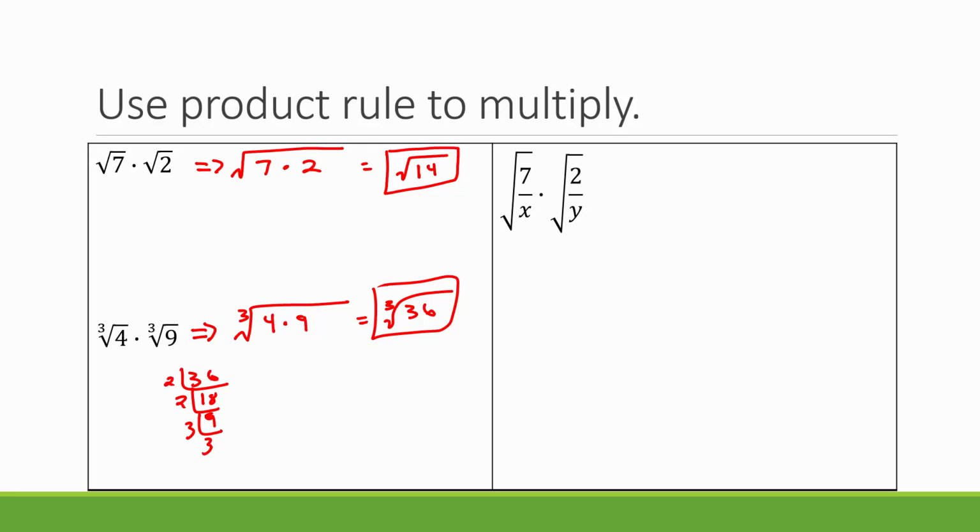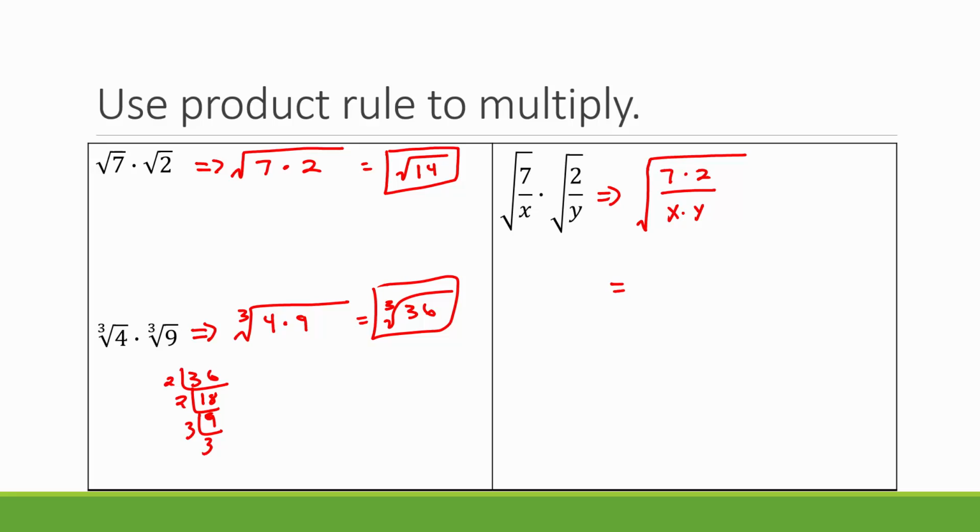What about the square root of 7 over x times the square root of 2 over y? Well, I can't simplify any one of those individually, but I can combine those underneath one radical. So the square root of 7 times 2 over x times y.